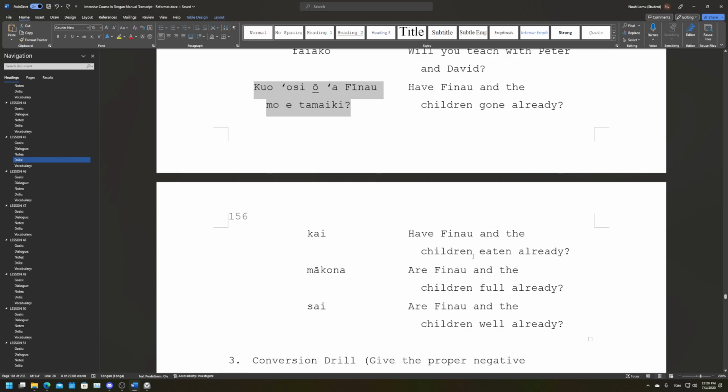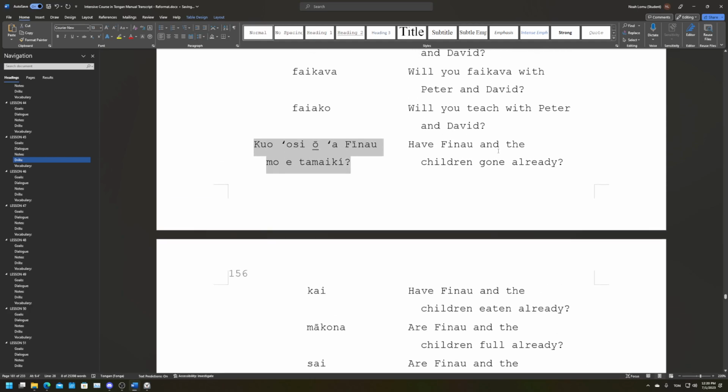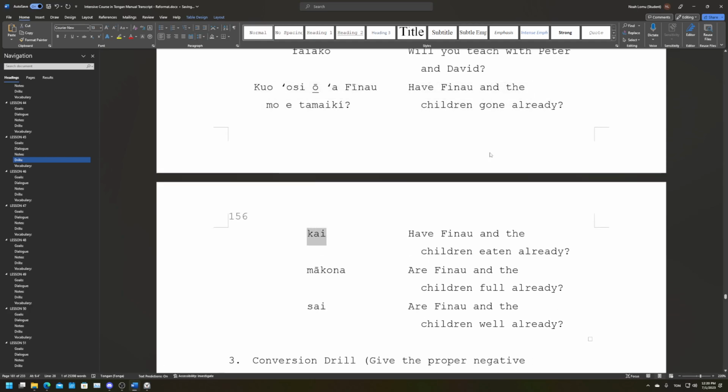Ko si o finau mo tamaiki. Ko si kai finau mo tamaiki. Ko si makona finau mo tamaiki.